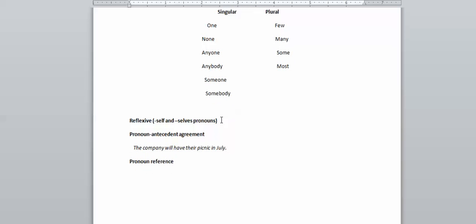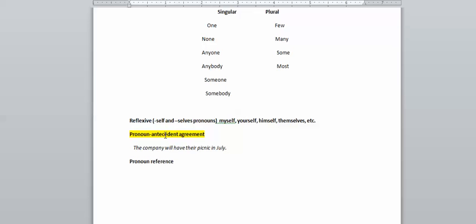Now, another kind of pronoun is the reflexive pronoun, and these are the self or selves pronouns. So here we have something like myself, yourself, himself, themselves. Okay, these are all self pronouns, reflexive pronouns. And I'm bringing those up because they lead me into a little discussion about something called pronoun antecedent agreement.